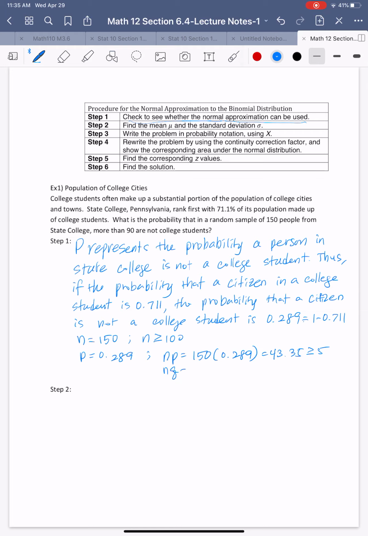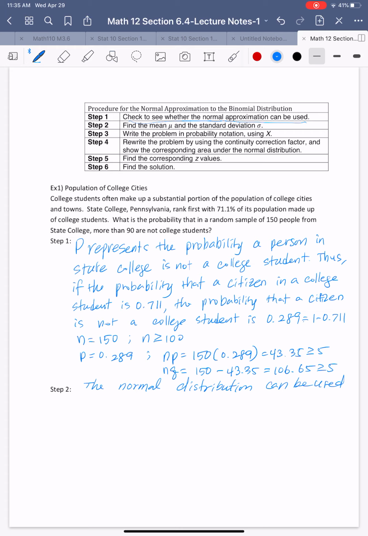Also nq is 150 minus 43.35, which equals 106.65, also greater than or equal to 5. So we can say the normal distribution can be used. That's step 1.